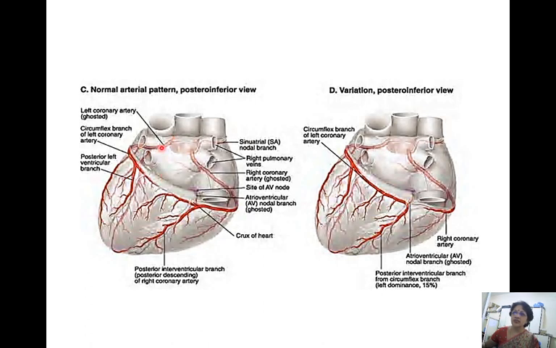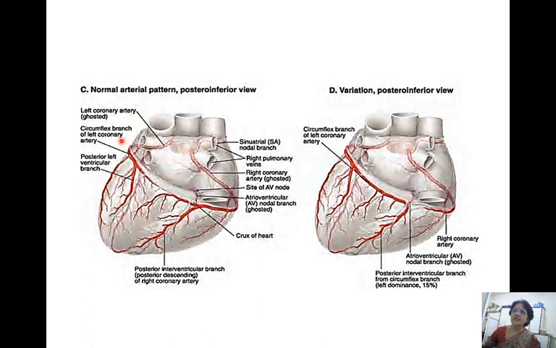The ghosted one is because this is the front surface, and now you're looking at the back surface. The circumflex is continuing and it will anastomose, but it has given the posterior branch.